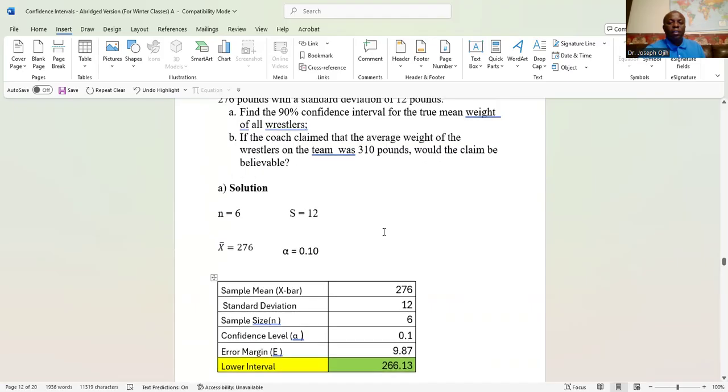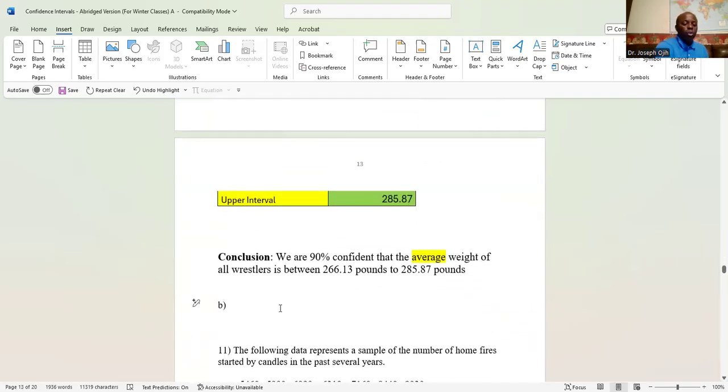The answer is no, because 310 pounds did not fall within the interval. Any question, guys? Okay, no questions.